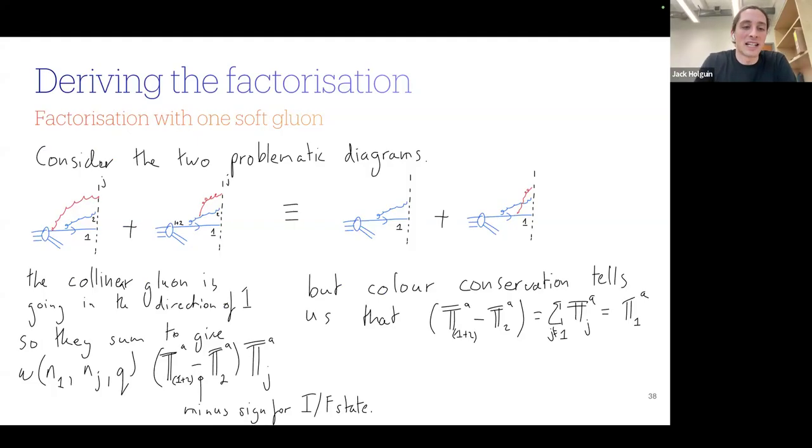So the problematic diagrams are these 2 on the left, where I've got a gluon that's in red, that's going either before my collinear emission, that's in blue, or is attached to my collinear emission. Both of these are stopping it from being pulled away from the partonic process and brought into the PDF. And to keep the diagram simple, instead of drawing the full partonic process, I've just cut it off and put this vertical dashed line.